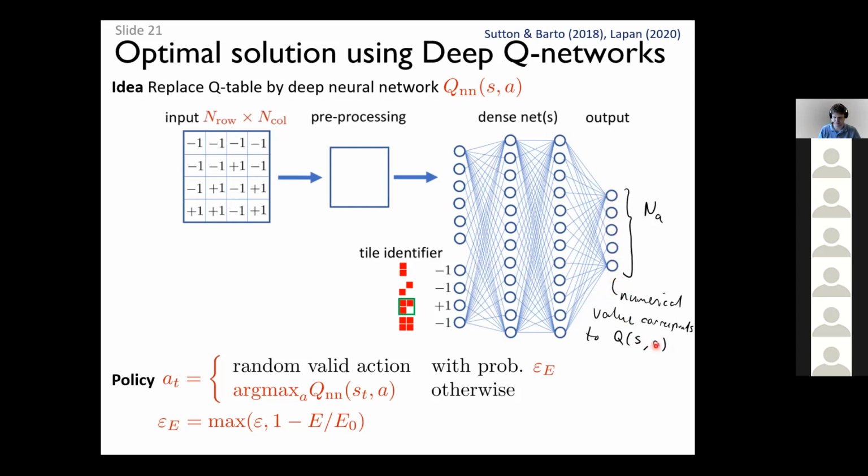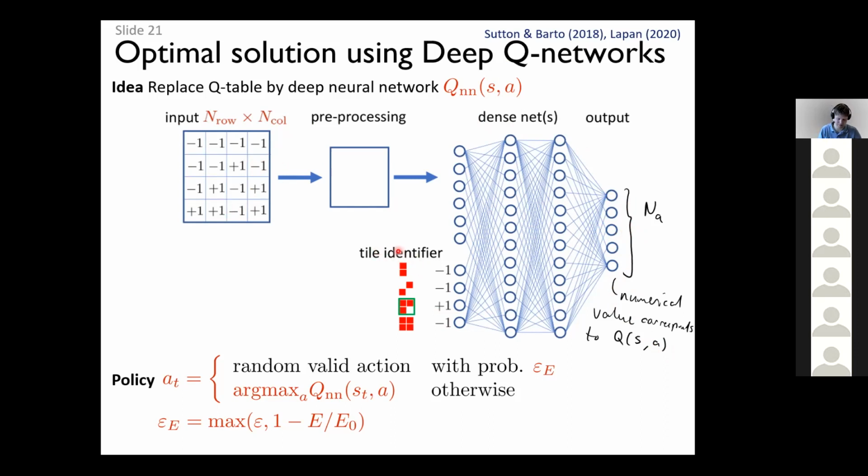The different nodes give the value for each different action. So instead of having a table where we look everything up, we have a neural network that takes an arbitrary state as an input and gives a mapping to the actions.